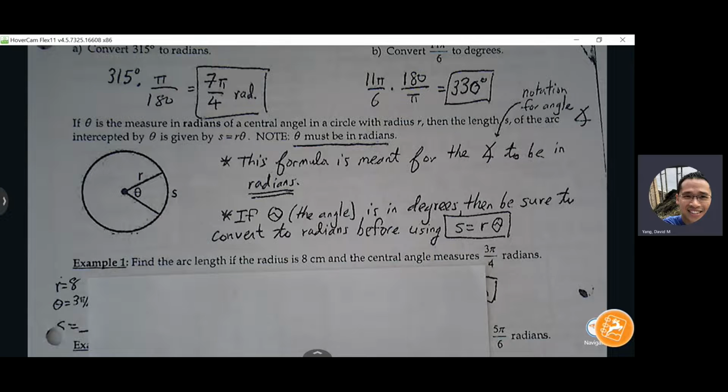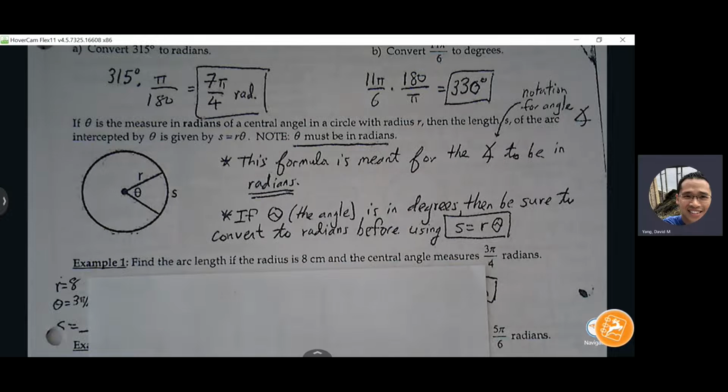And the thing we have to be careful about is the theta must be in radians. So if your theta is in degree form, you've got to convert it first into radians before this formula can work. This formula only works if theta is in radians. So if theta is in degree form, then you got to make sure you multiply by pi over 180, get into radian form, and then you're able to have something to insert for that theta.